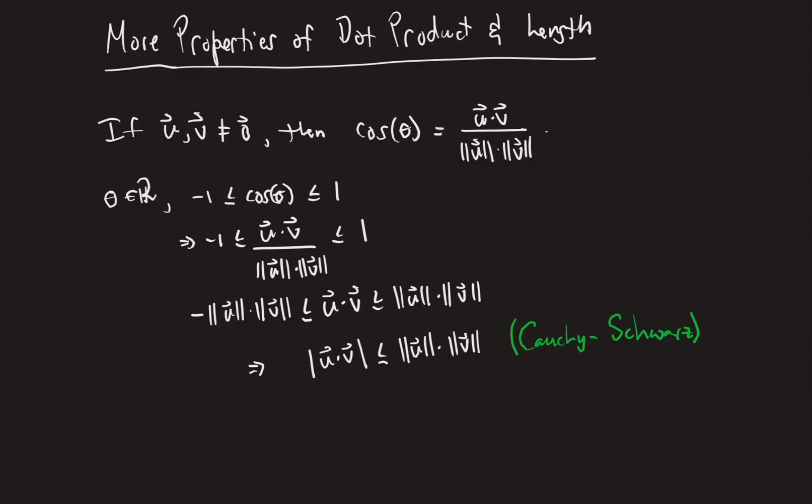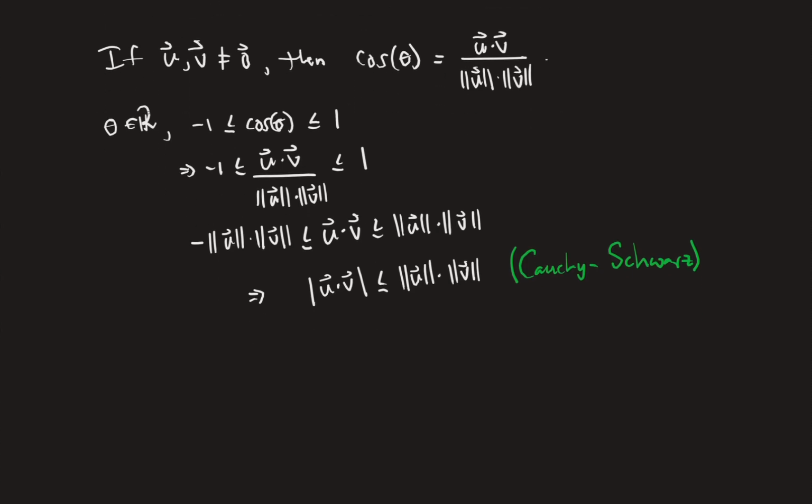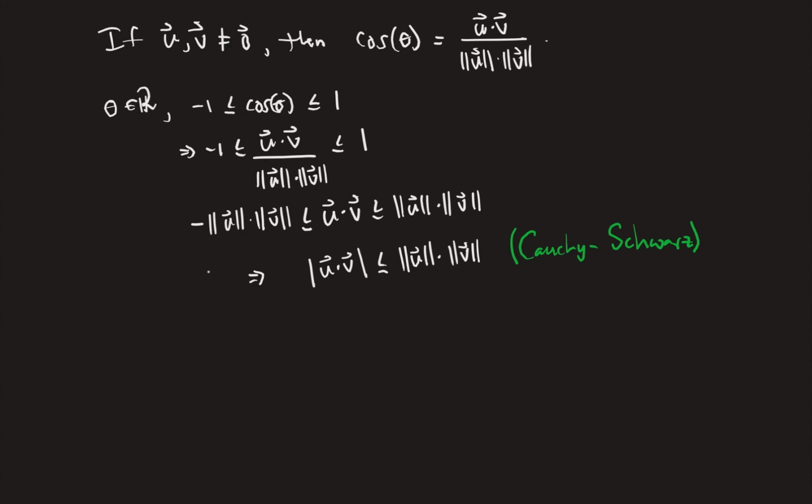So that's the first thing I want to mention. The next thing: previously we used a triangle to come up with some results, in fact it was the triangle that led us to this ratio. So let's look at another triangle that can be defined by vectors.